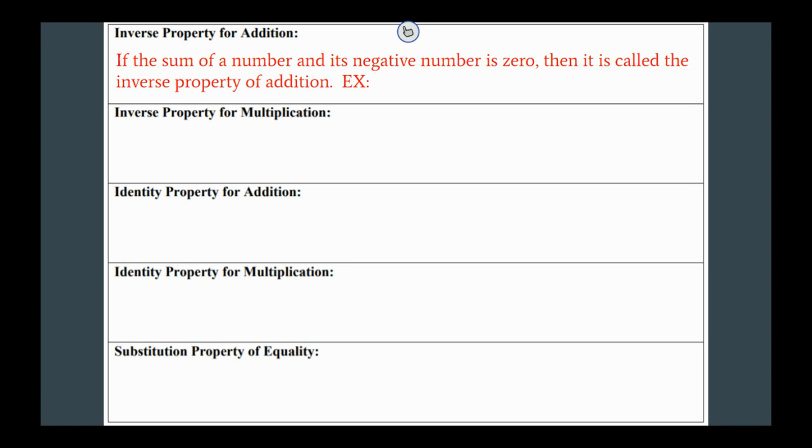Okay, the inverse property for addition. If the sum of a number and its negative number is 0, then it's called the inverse property of addition.